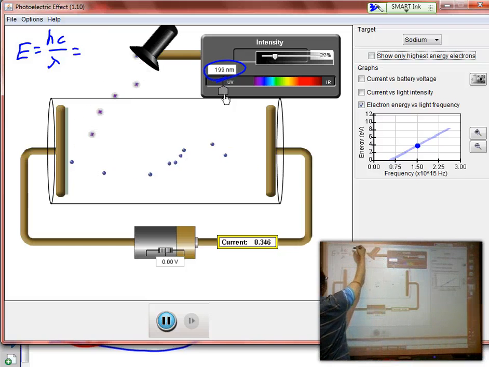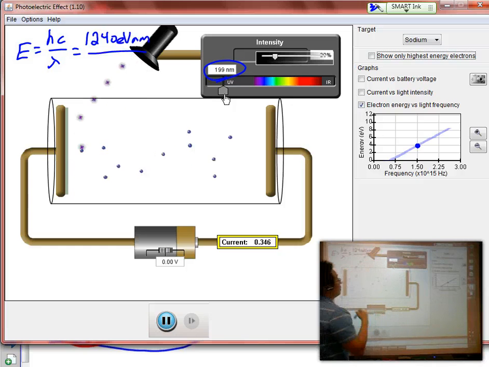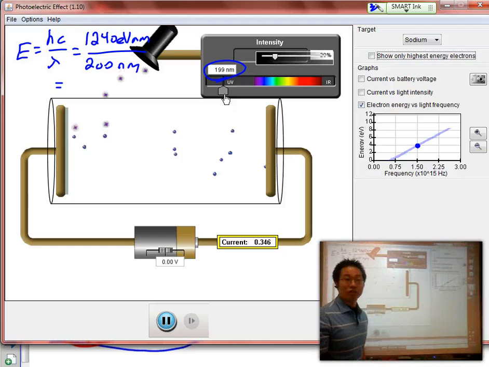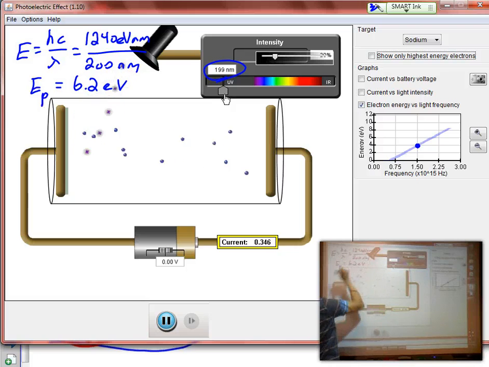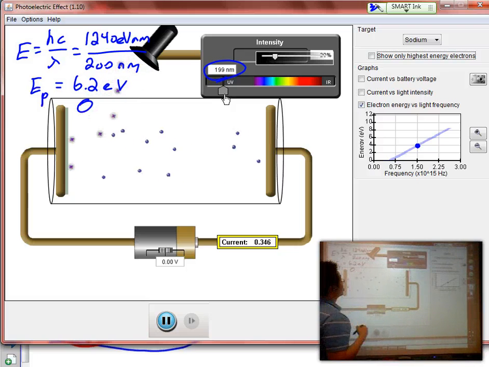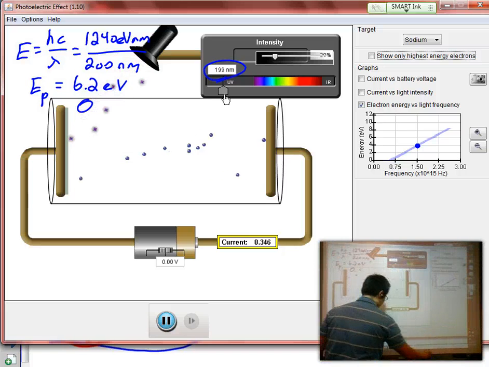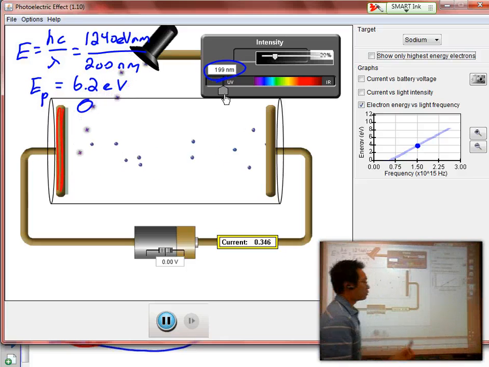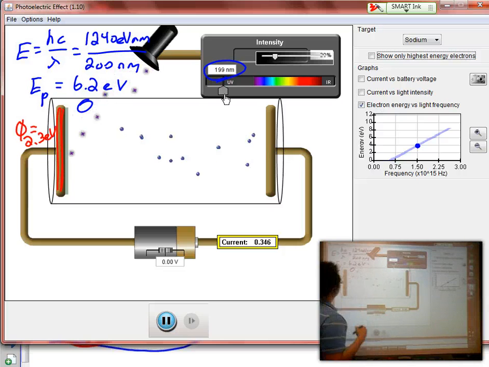So hc is a constant in the reference table of 1240 eV nm divided by approximately 200 nanometers. I find that the energy of the individual photon is 6.2 electron volts. This is the energy of the photon. So all these little sparkles that are shining out, each one has 6.2 electron volts. But this surface we had just calculated needs at least 2.3 electron volts to knock an electron out.